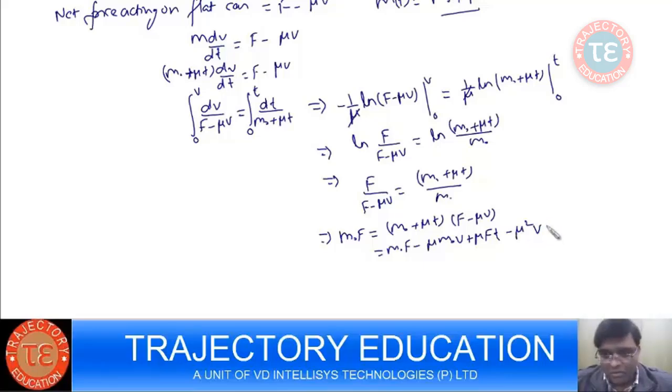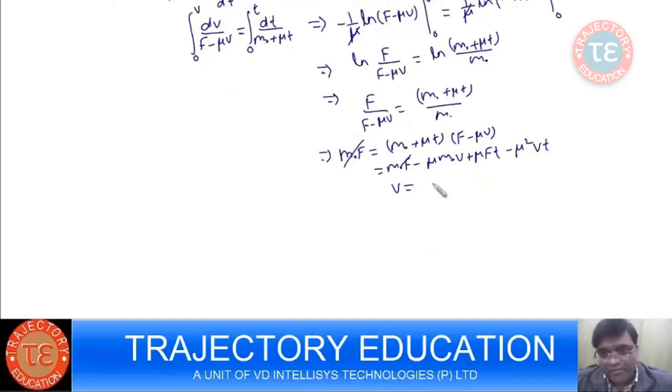This will cancel out, and mu will also come out. So v comes out to be Ft upon m0 plus mu t. That's the velocity.